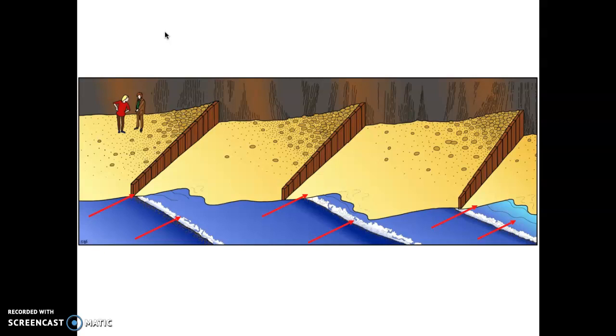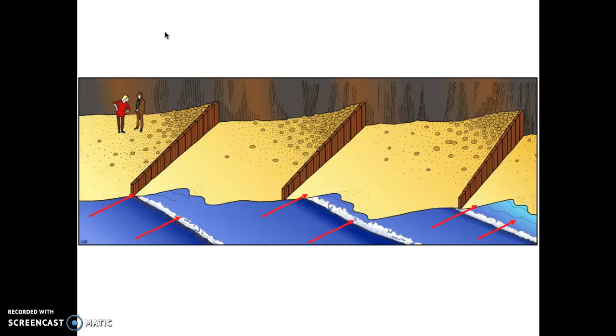Transportation is when the waves carry eroded material away from where they've eroded it from. Some is carried right out to sea, but a lot is carried along the coastline like this. Now on this diagram you can see we've got these red arrows and they're showing the direction of the waves hitting the beach.